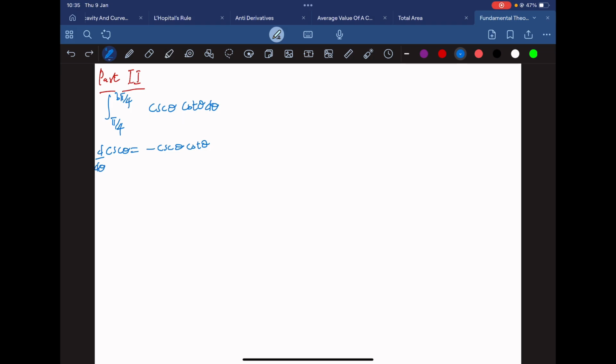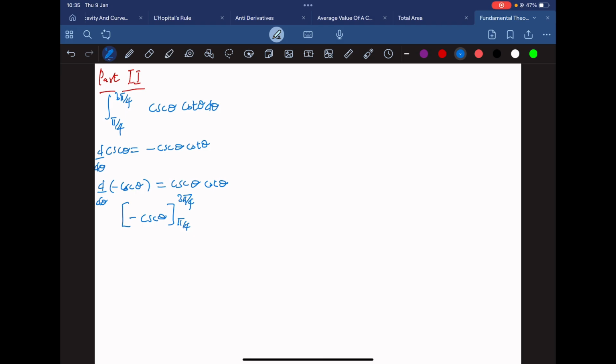So it means if we differentiate negative cosecant of theta, we should get positive cosecant theta cotangent theta. So it means that if we integrate this, we should get this right here. So we can have negative cosecant theta. The integral is 3 pi over 4, then pi over 4.